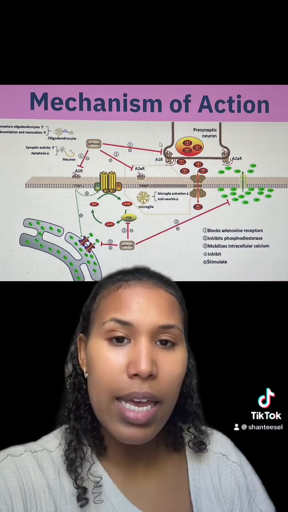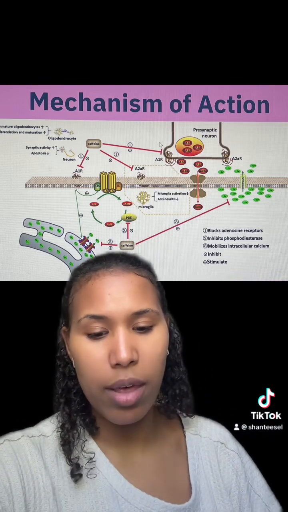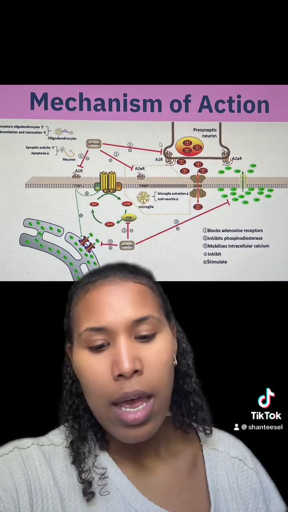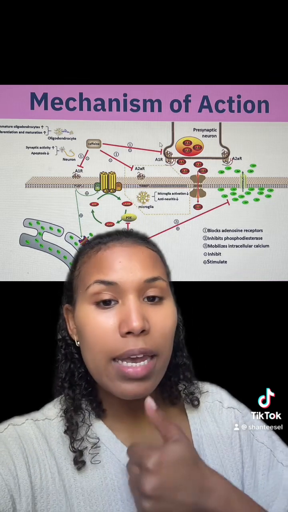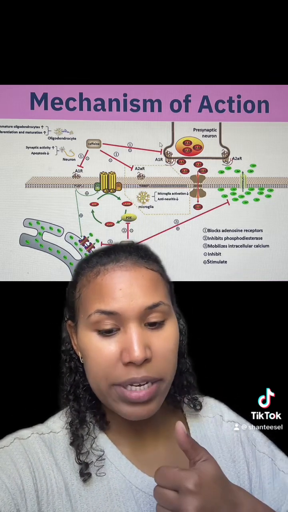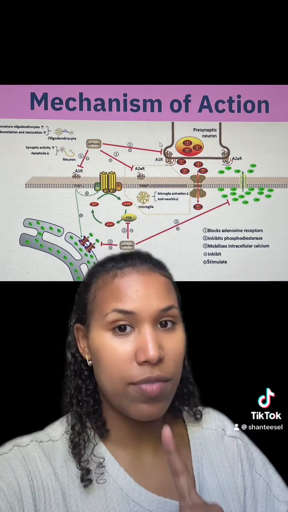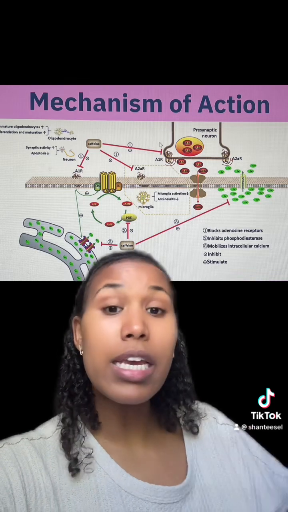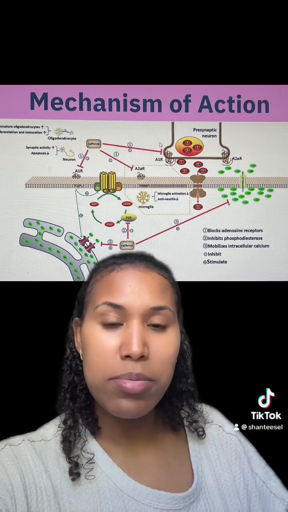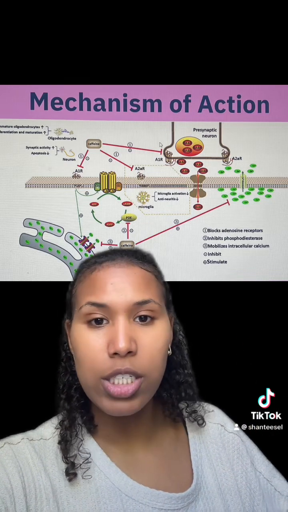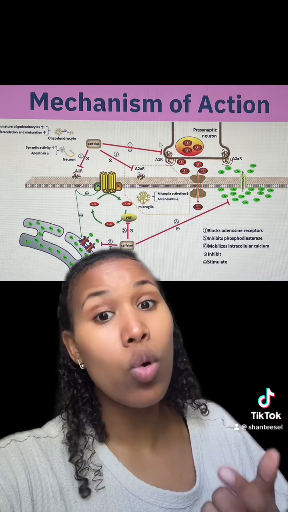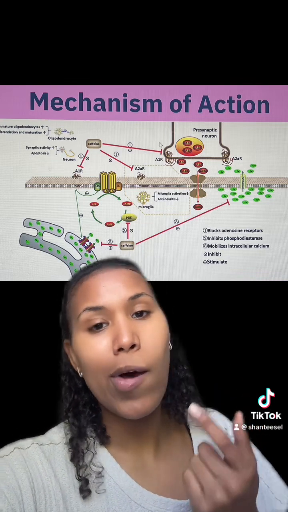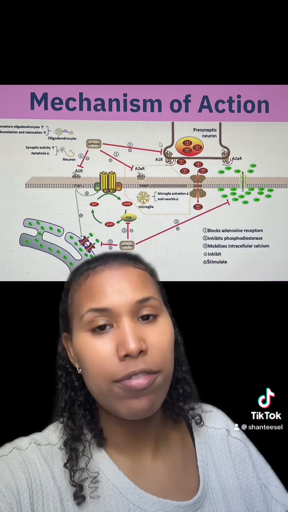And basically, it has a lot to do with our protein activity. So with the cAMP being increased, your protein kinase activity is also going to be increased, leading to neurotransmitter release, such as your serotonin and your norepinephrine, ultimately your mood enhancing effects.